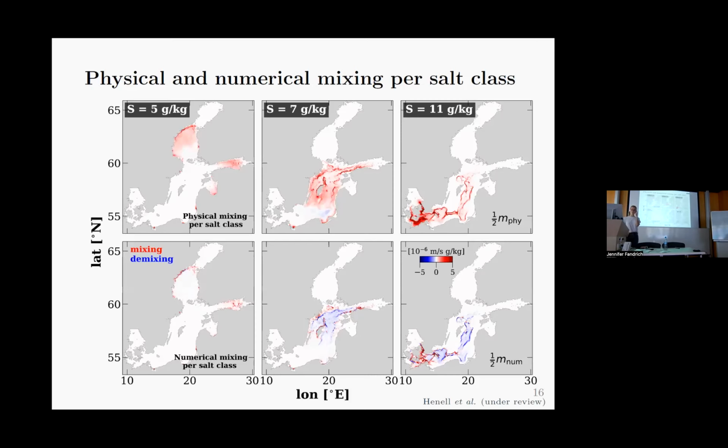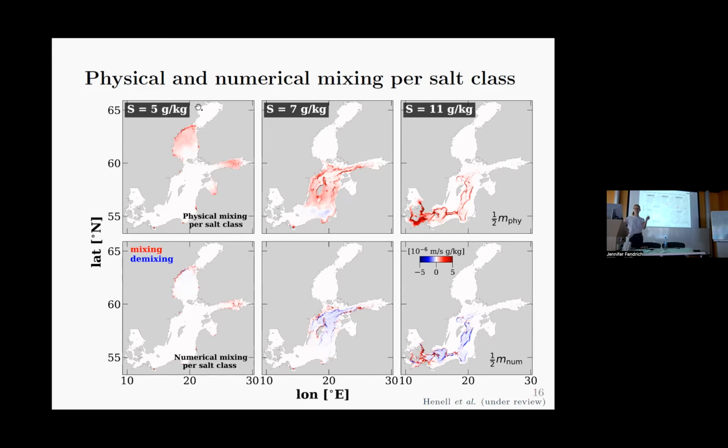So first, before we look at what we call the physical diahaline velocity and numerical diahaline velocity, let's look at the maps again, but for the physical and numerical mixing per salinity class. So you have the same structure again here, the upper panel being in this case the physical mixing per salinity class, and the lower panels the numerical mixing per salinity class. And we have the same 3 isohalines.